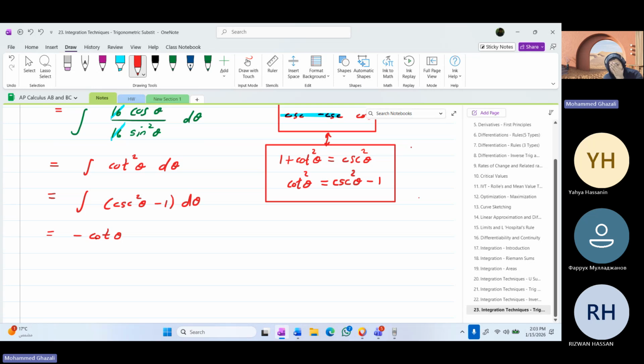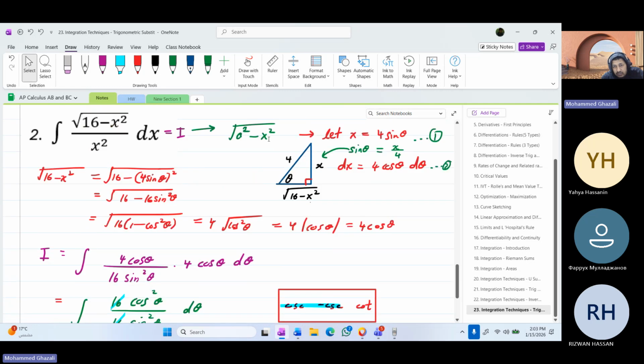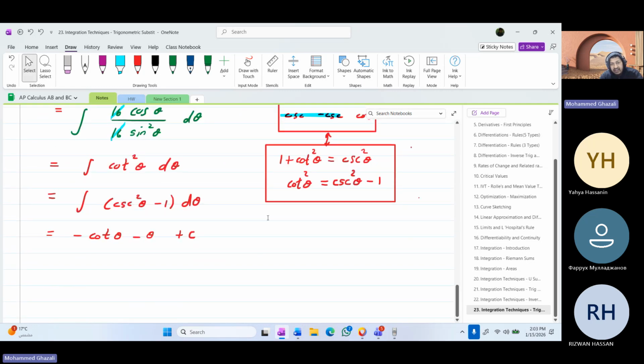Because what's the derivative of cot? Negative cosec squared, right? So what's the derivative of negative cot? Cosec squared. What's the integral of negative 1? Negative theta, right? Plus a c. Now the question comes, what is cot theta? Remember we drew the triangle before? We've got to use that triangle here now.